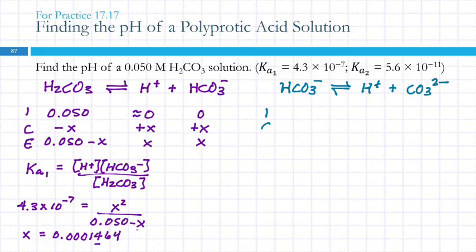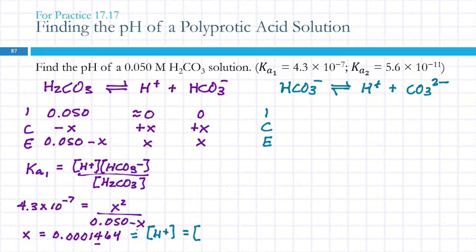And again, we're making an ice table. The initial values here, though, are going to come from the equilibrium values over here. We were not given a concentration of HCO3 minus. That was formed by the first equilibrium. So here, X is equal to the H plus concentration.